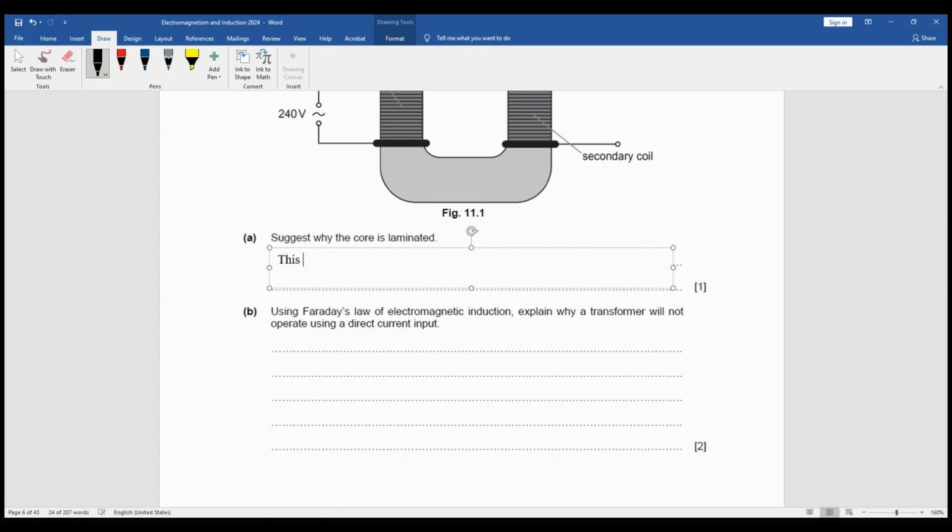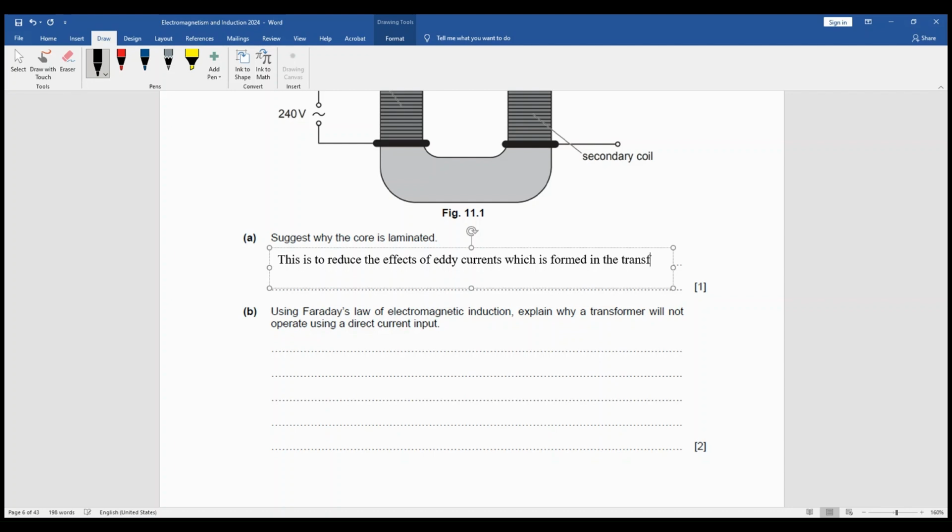This is to reduce the size of eddy currents, to minimize the effects of eddy currents, which are formed in the transformer.